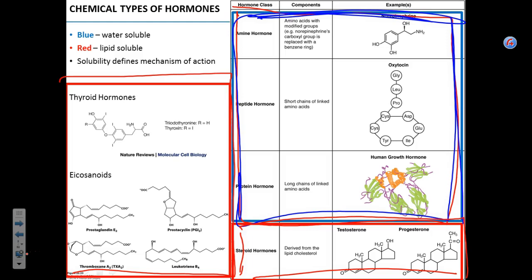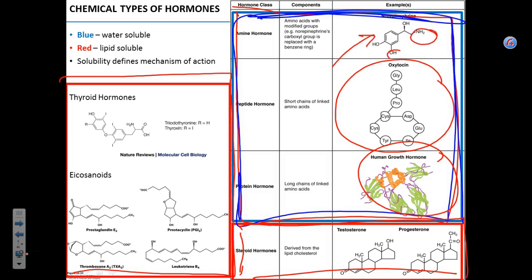So water soluble are either proteins, like human growth hormone, or peptides, relatively short chains of amino acids, or amine-based hormones themselves, like norepinephrine, which have amino group and hydroxyl groups.